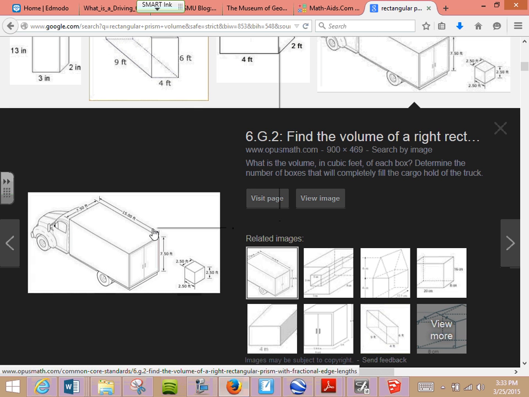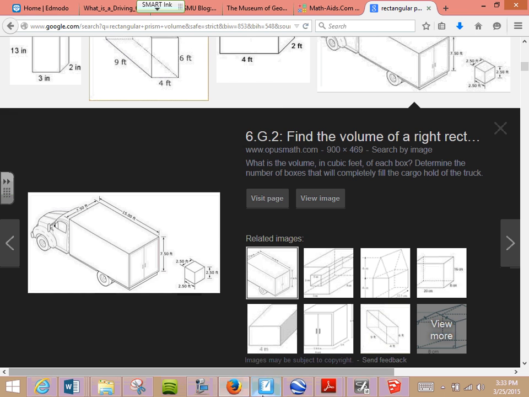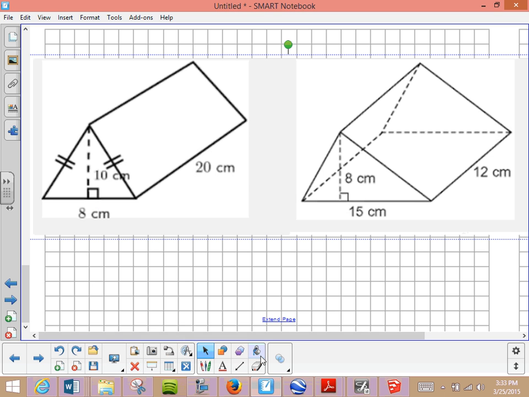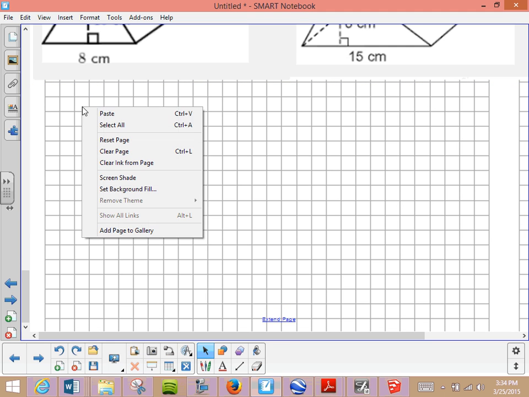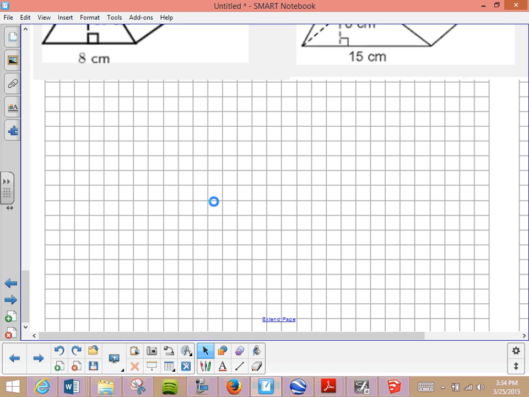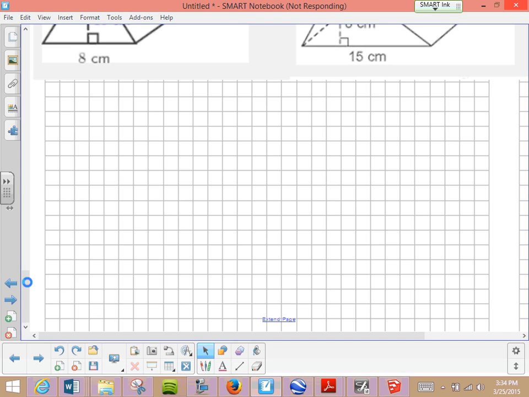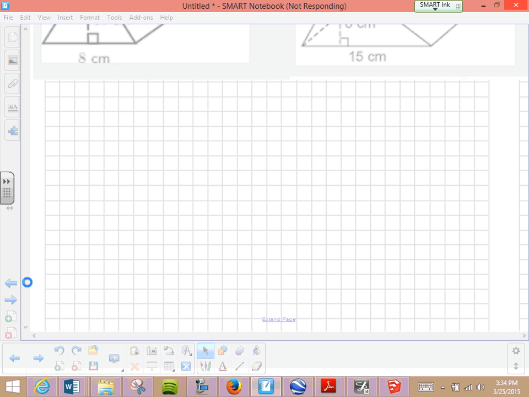Right? 750. Can you just paste? Why did it freeze? Great. Hang on, this stuff sucks.